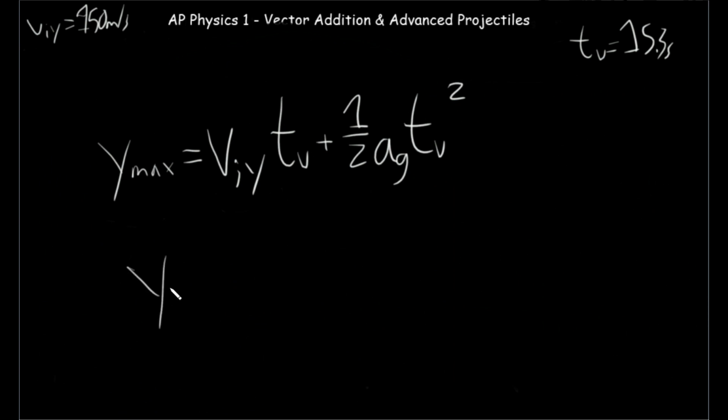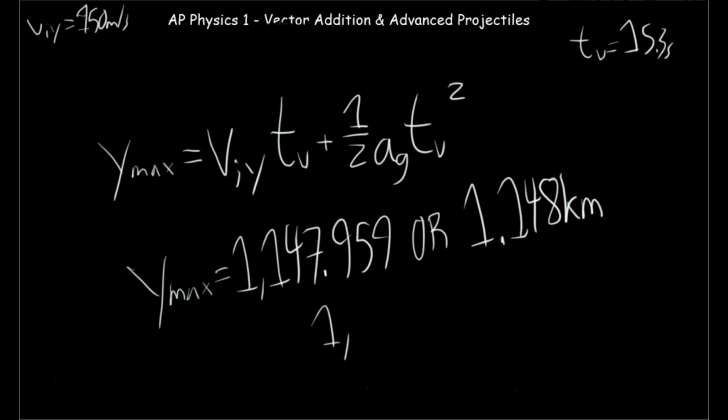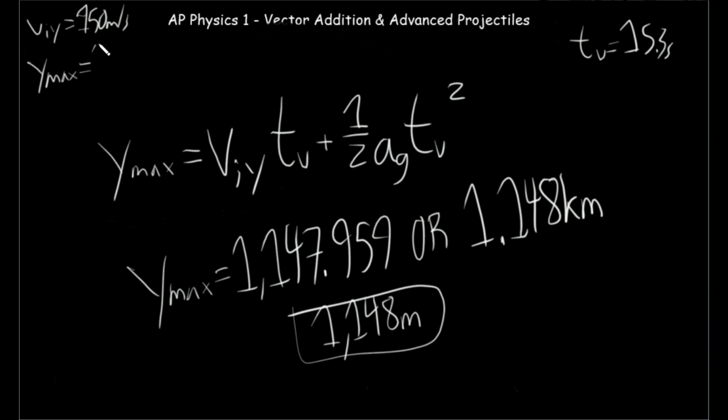And we end up with this. Y max equals 1,147.959, or you could just say 1.148 kilometers. But I think you can just say 1,148, just to stay safe here. And that would be your Y max. So we know what Y max is. Let me just go ahead and write that down. And I think for my Y displacement before, I said 400 meters. So let's go ahead and write that down as well.